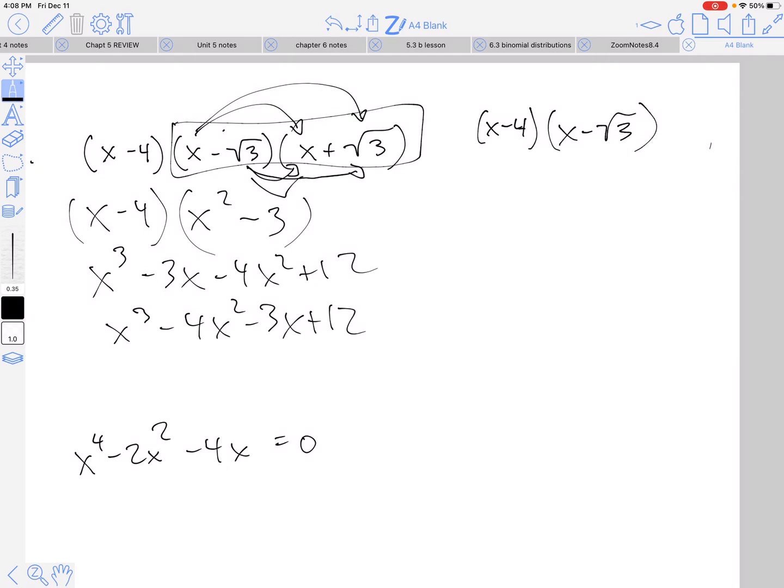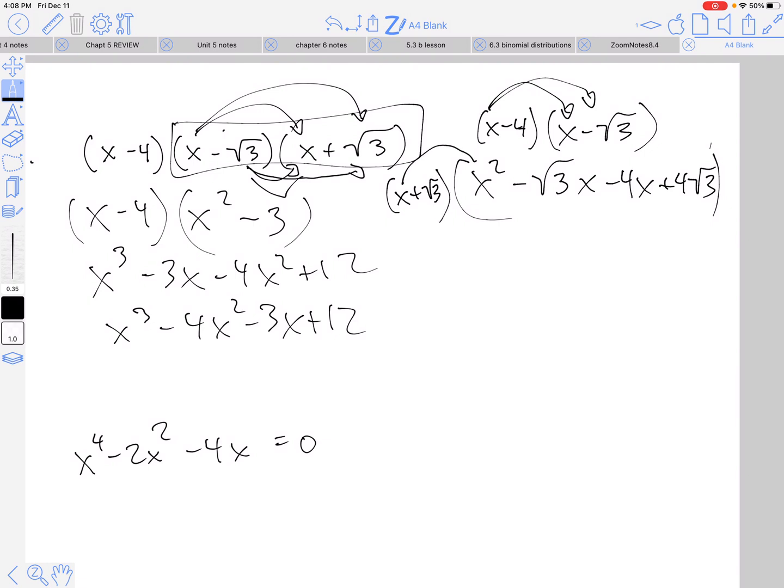All right, so I'm going to multiply the first two again. So we're going to have x squared minus root 3x minus 4x, and then negative times negative is a positive for root 3. All right, so I need to take this guy, and I'm going to multiply it now by x plus root 3.